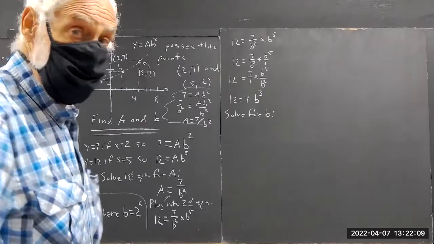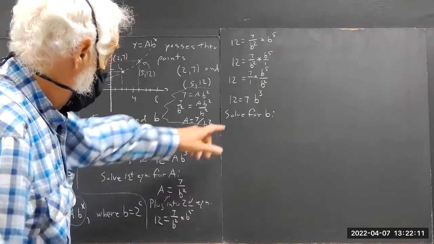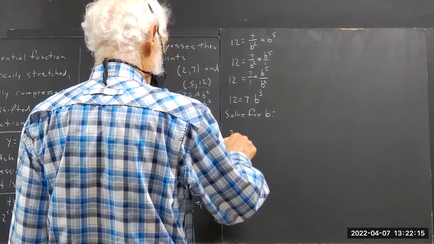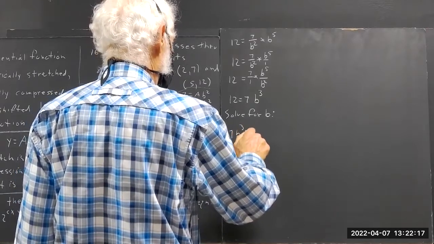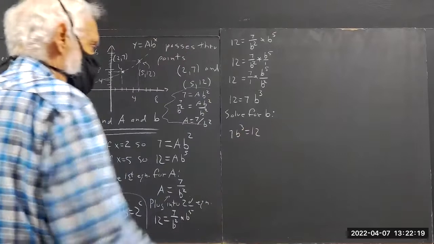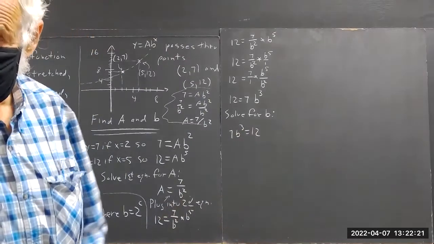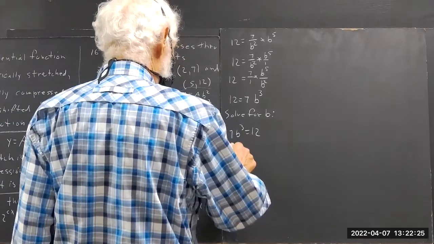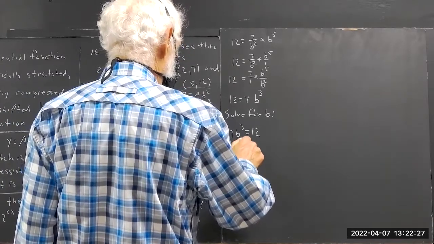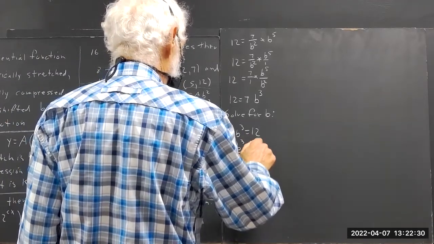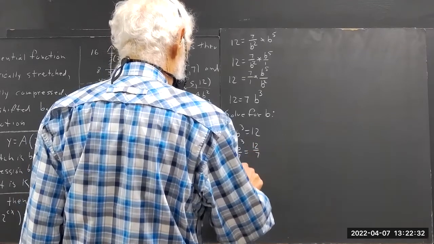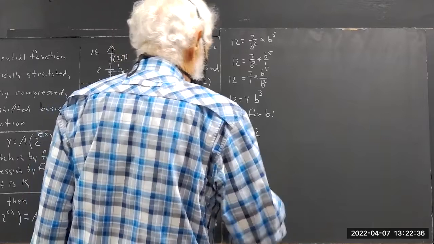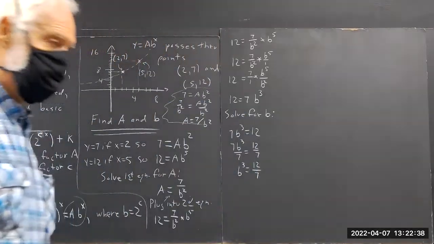So for B, we have 7 B cubed equals 12. We'll put B on the left because that's what we're used to doing. We're trying to isolate B, so we divide both sides by 7. So B cubed equals 12 sevenths.